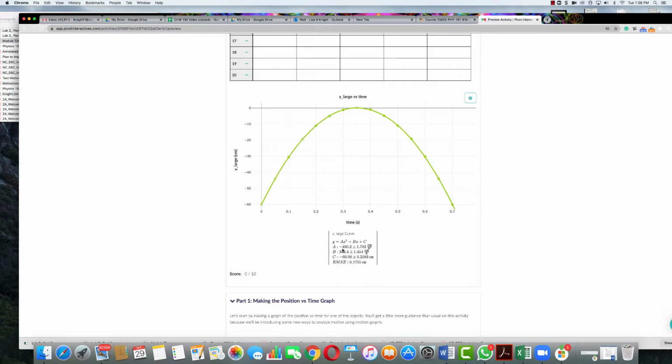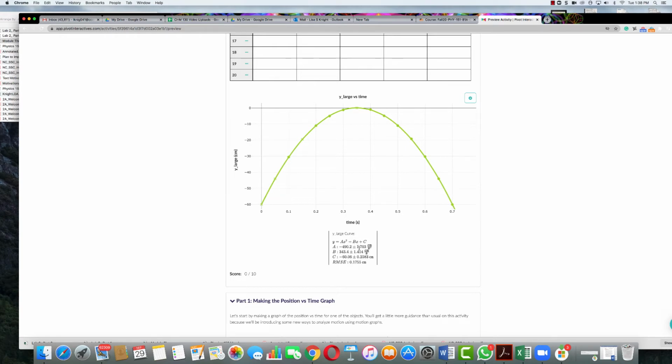And if you look at this, what are these little coefficients? Well, A actually corresponds to one of our kinematics equations. It's 1/2 a t squared plus the initial velocity times time plus the initial position of the ball. So A should be half of gravity, and it is.